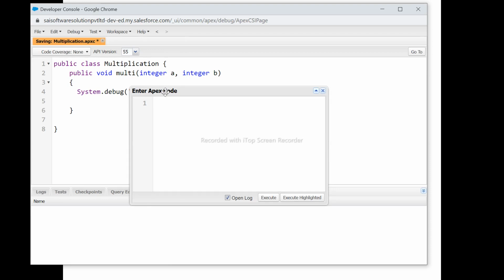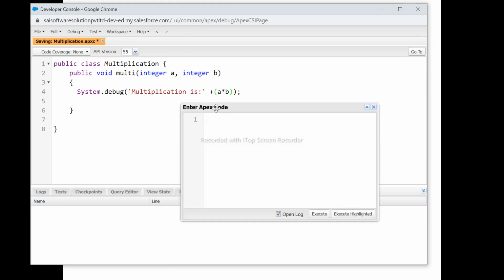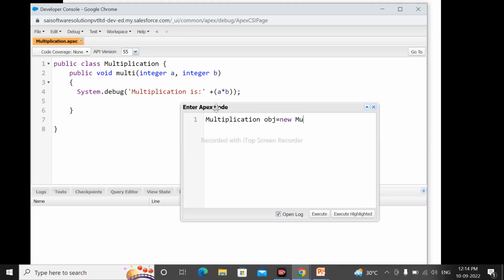Open execute anonymous window. Here I create one object. Name of the method is multi and in that I pass 5 and 4.